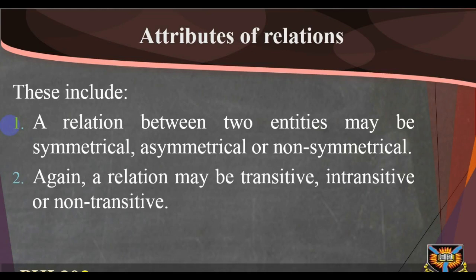On the other hand, when it is the case that an entity A has a relation to another B, but B cannot have the same relation to A, then such a relation is asymmetrical.